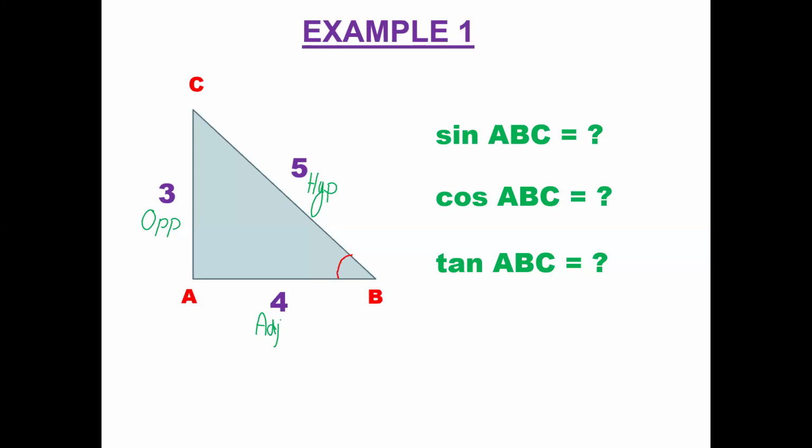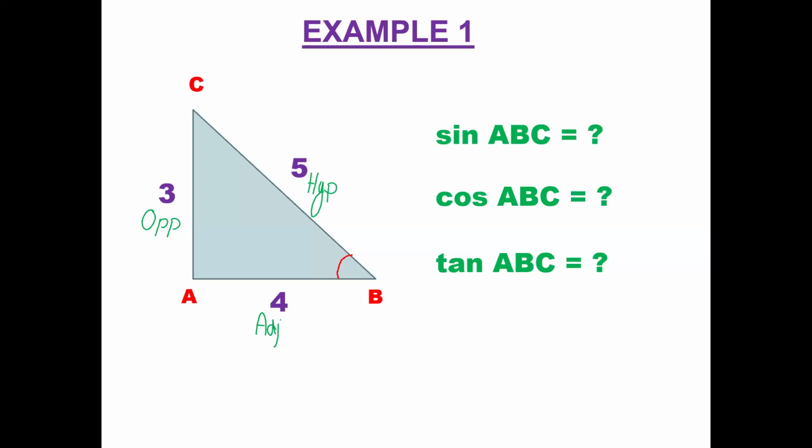Now, according to this order, can you tell me orally what would be sine ABC? Sine is opposite over hypotenuse, so in number form in this triangle, 3 divided by 5.